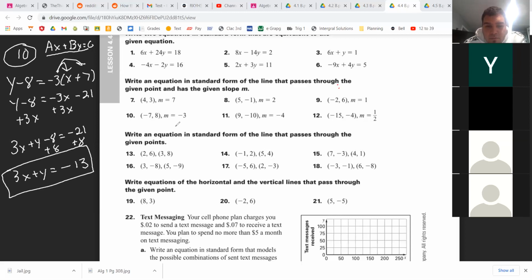Can we just leave it as 3x plus y, or do you have to put the 3 on the other side? No. The 3 and the x is a unit, so you don't really want to separate that. What you really care about is that anything without variables is outside the club, so it has to go on the outside of the fence. Anything with variables is cool; it can stay inside. But anything without variables, take it out.